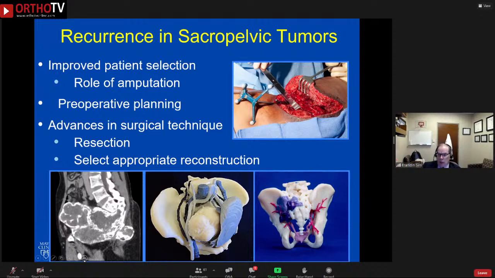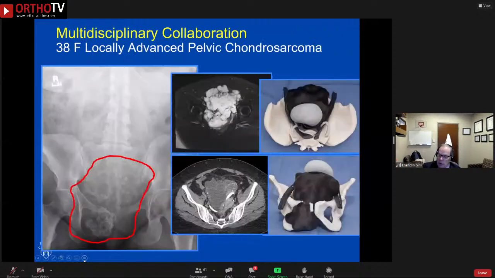We found these 3D models to be very valuable in showing the surrounding structures and planning sophisticated complex resections. The model in the lower right is recurrent lesions. The different shades show the extent of both interosseous and extraosseous recurrence. It's illustrated in this patient with very extensive involvement of the anterior pelvis with a chondrosarcoma.